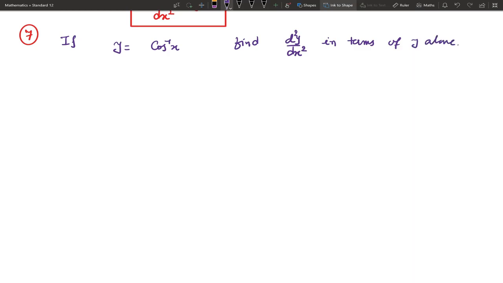So our answer should be in terms of y alone. So y equal to cos inverse x. Solution.